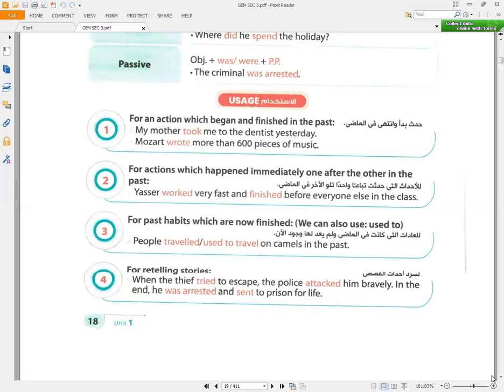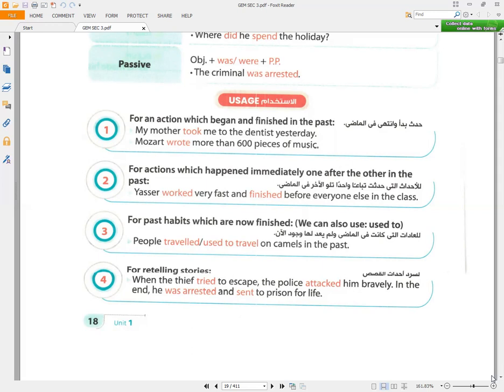Number two, when you tell a story, for actions which happened immediately one after the other in the past, as in stories. Yasser worked very fast and finished before everyone else in that class.